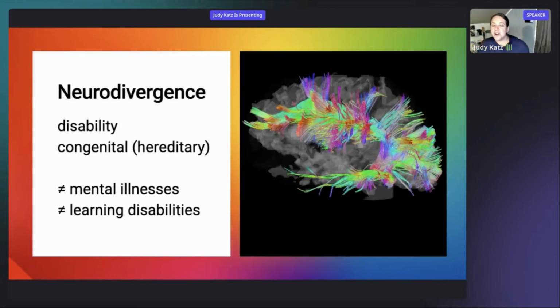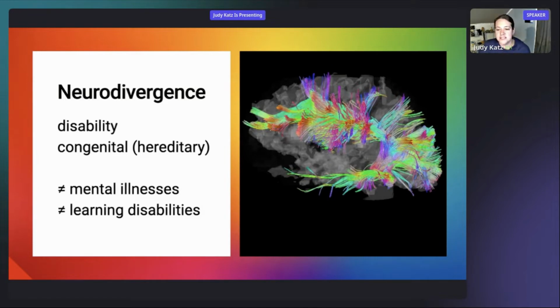We're going to start off talking about what we mean by neurodivergence. I'm going to preface this with: I am not a psychologist, just a researcher and a person on the inside of this. But I'm going to share a few things about what neurodivergence is and what it is not.